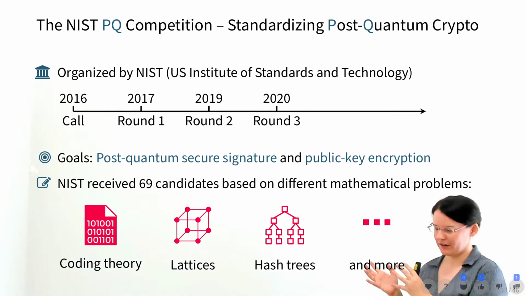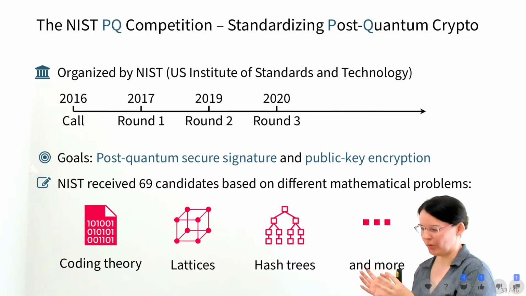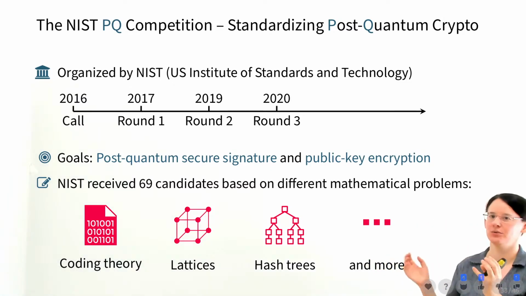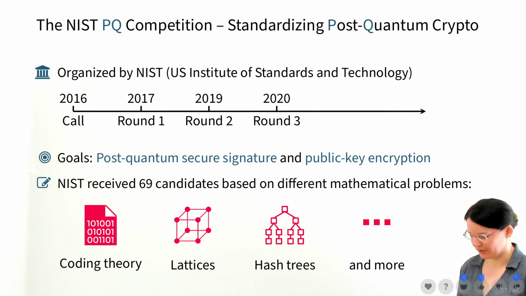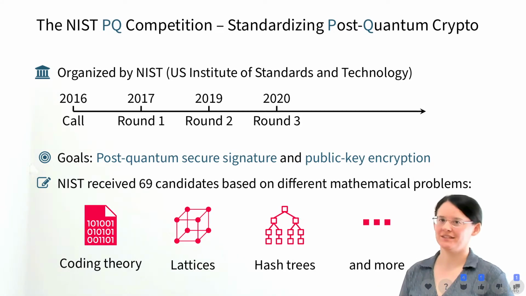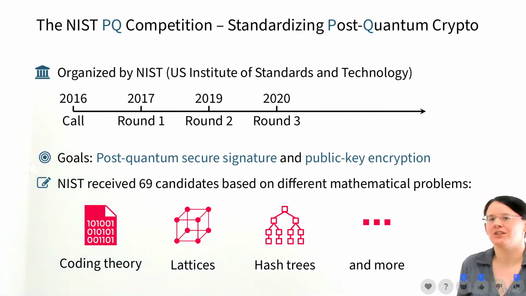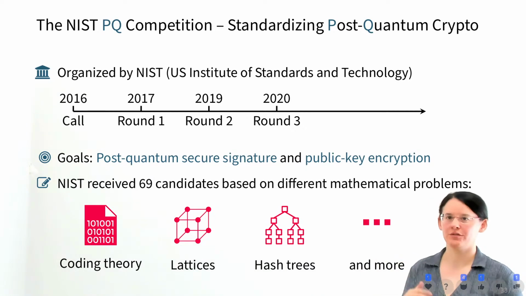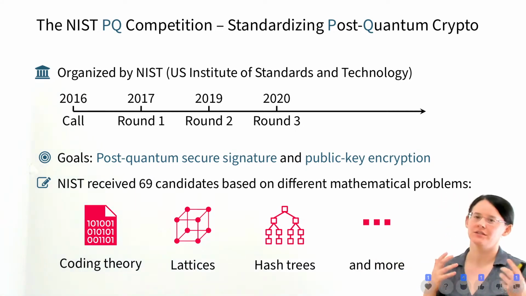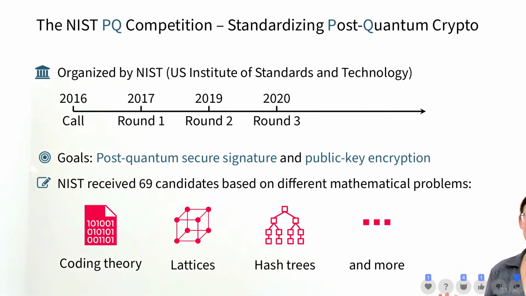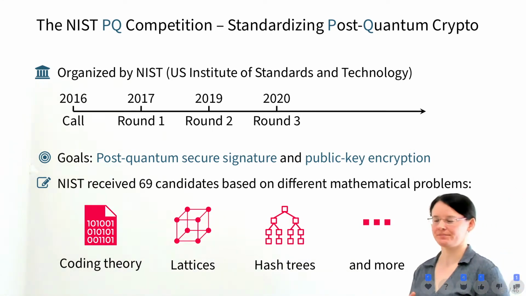Some people, in particular physicists, are researching quantum cryptography where they assume that Alice and Bob each have a quantum computer and can use a quantum channel to communicate, which theoretically has some nice properties, but in practice has real issues, and it's also not so realistic for the near future because we just can't afford to all have a quantum computer at home. So post-quantum cryptography is the much more urgent question because it's going to be much sooner that the attacker has a quantum computer rather than all internet users have a quantum computer.